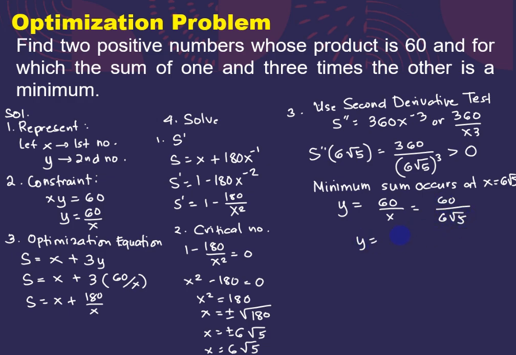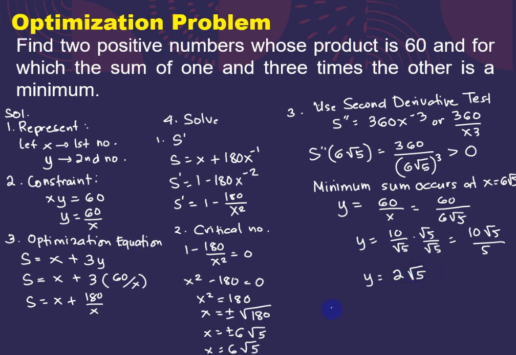So 60 divided by 6, that's 10 over square root of 5. We rationalize, multiply by square root of 5 over square root of 5. 10 times square root of 5, 10 square root of 5. Then square root of 5 times square root of 5 is 5. So y equals 10 divided by 5, which is 2 square root of 5.